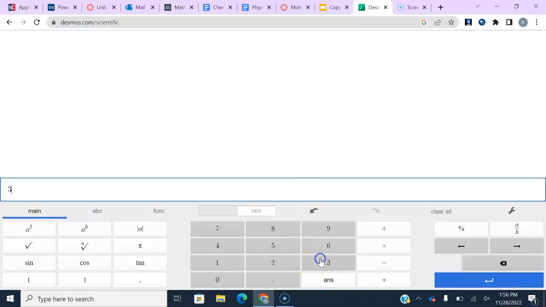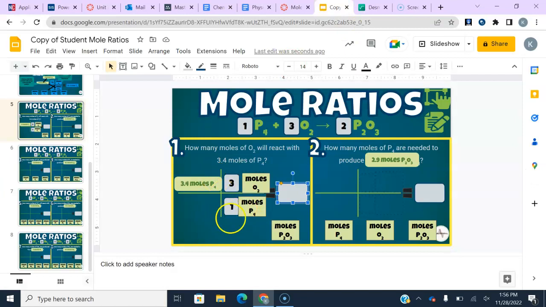So 3.4 times 3 is 10.2, and we would divide by 1, but dividing by 1 just gives us the answer, so it's going to be 10.2. So our answer here is 10.2 moles of O2. So 3.4 times 3 divided by 1 gives us 10.2.